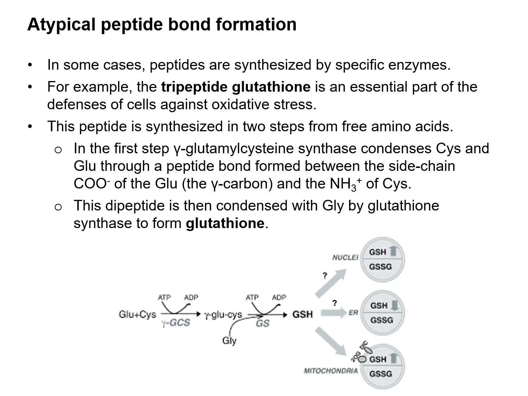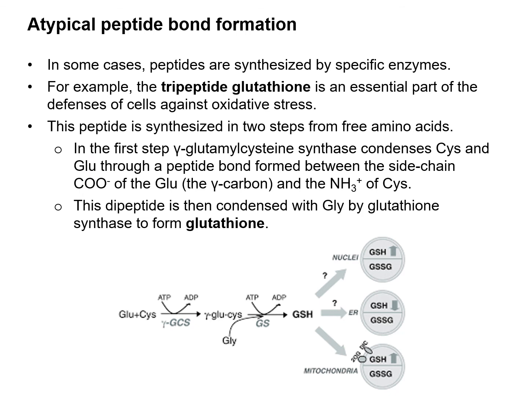There is also an atypical peptide bond formation. In some cases, peptides are synthesized by specific enzymes rather than the ribosome and going through the tRNA route. For example, the tripeptide glutathione is an essential part of the defense of the cell against oxidative stress, but this peptide is synthesized in two steps from 3 amino acids.